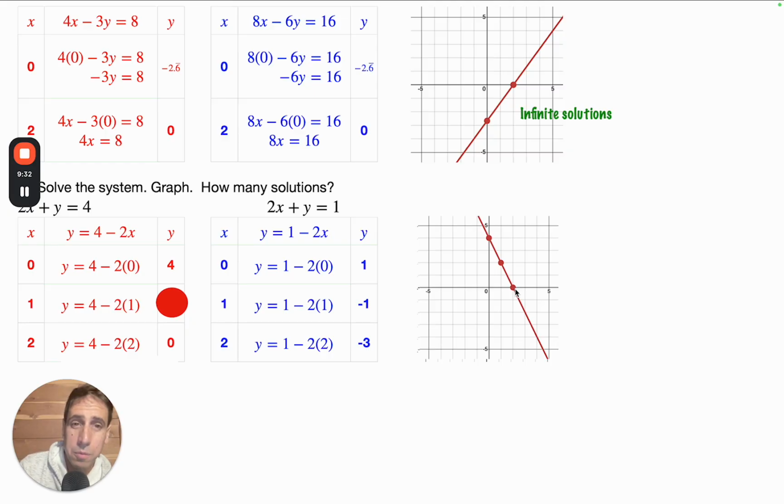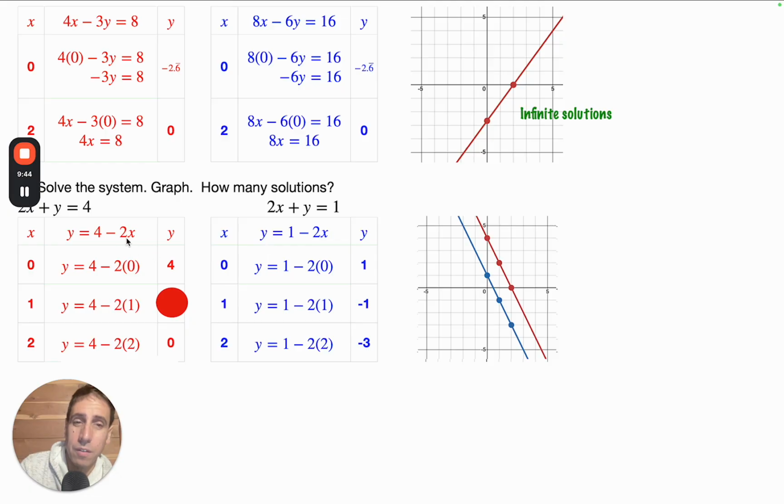Then you can also plot the blue ones here: (0, 1), (1, negative 1), (2, negative 3). They're parallel lines. Maybe we could have guessed that because they have the same slope, negative 2 and negative 2. Anyway, if they're parallel lines, then you know they're not going to intersect, and if there are no intersections, then there are no solutions.